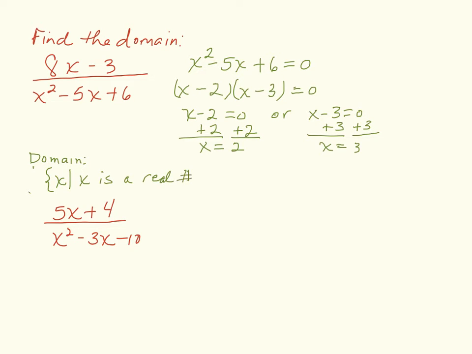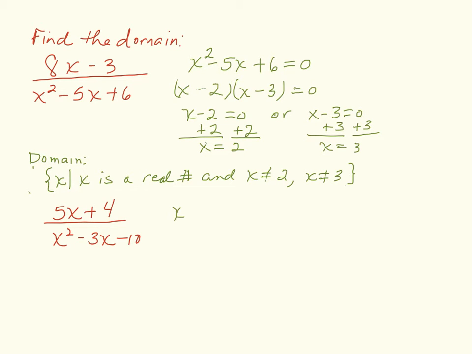A real number, and x is not equal to 2, and x is not equal to 3. Only 2 and 3 would be the values that would make the denominator 0. Let's look at the next one.